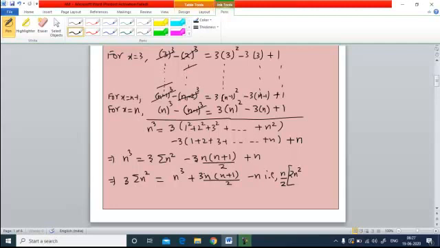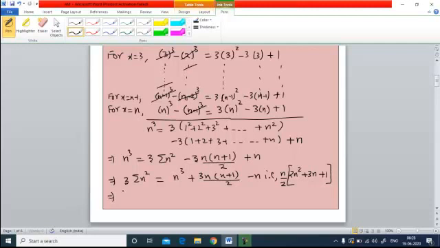This n is already taken common. 3 multiplies with both the terms. So 3n and 3 into 1 will be 3. Look at one more thing. When you have taken n common, we are only left with 1 here. So this 2 multiplies with 1. So minus 2. This will be plus 3 and then minus 2. So plus 3 minus 2 will be plus 1. Okay, so this is what we are getting.